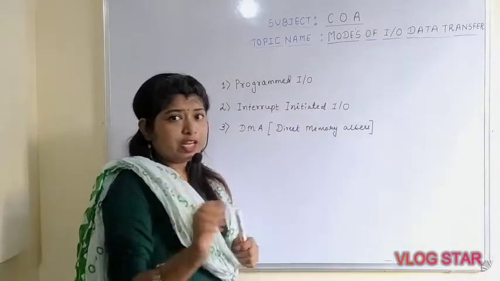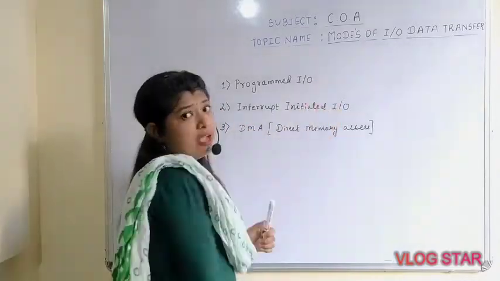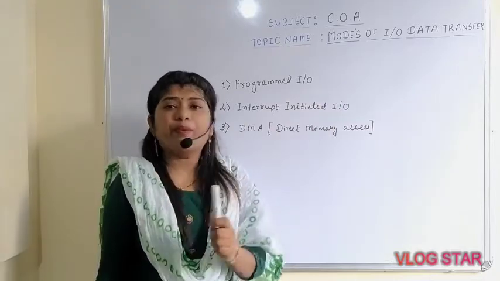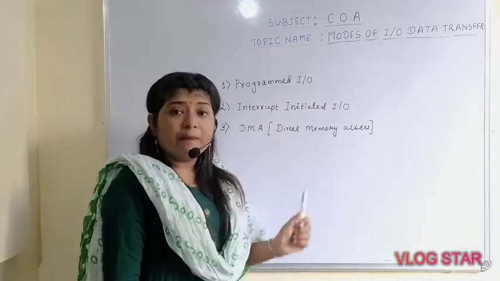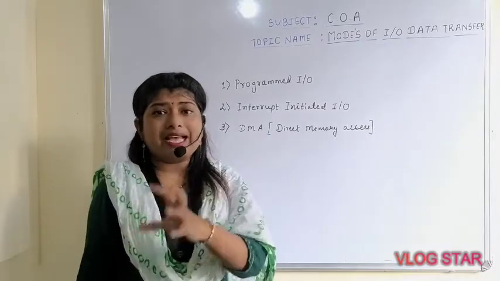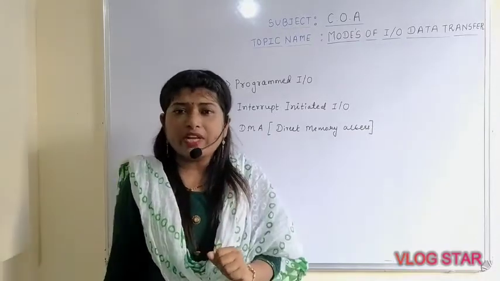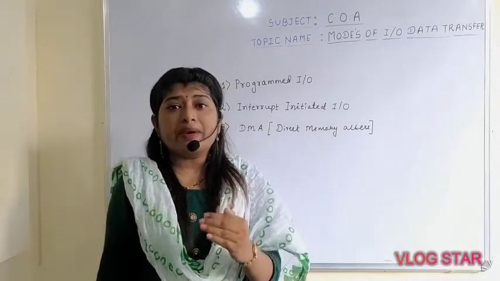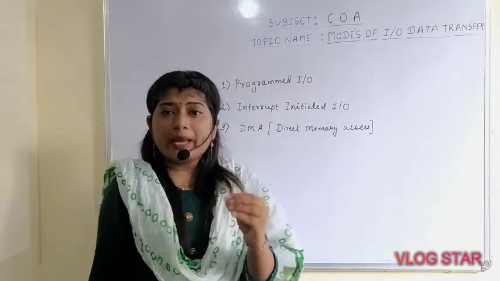I hope you have understood the first two methods related to modes of input output data transfer. Coming to the third important method, that is DMA. As I told you, the full form of DMA is direct memory access.